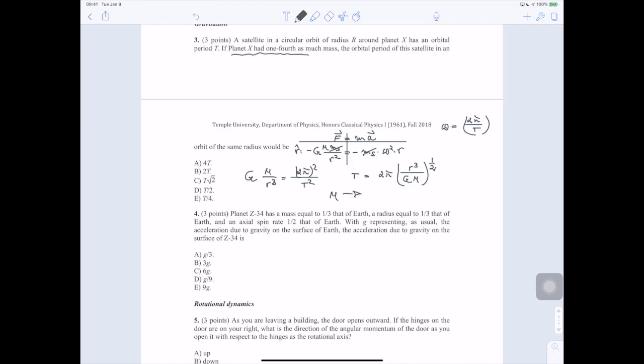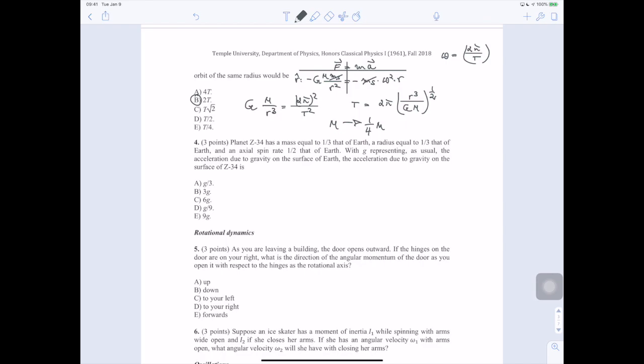If planet had 1/4 as much mass, from M to 1/4 M, then you see exactly what will happen here. So you replace here M by quarter M. So you multiply by the inverse, then you have 4 divided by M, and take the square root of that, and then you have a factor 2 compared to the original. So therefore, it is answer B here, 2T.